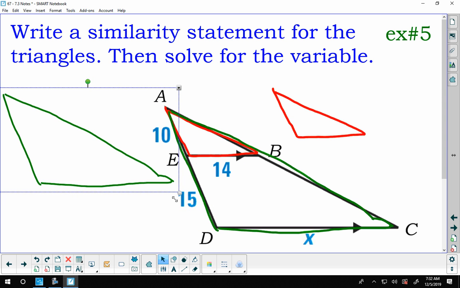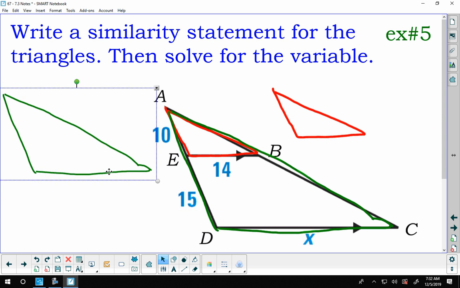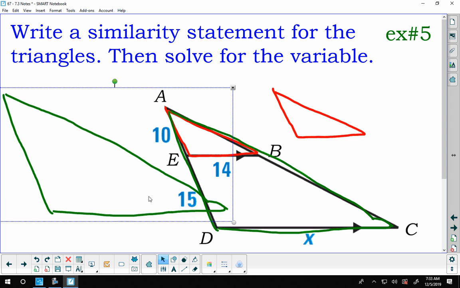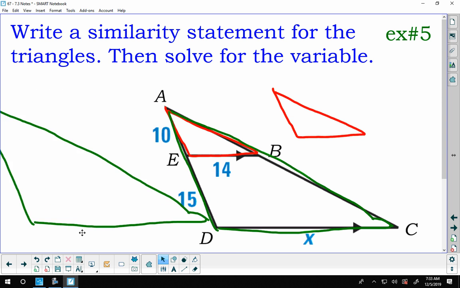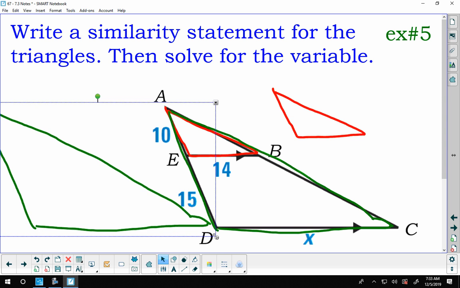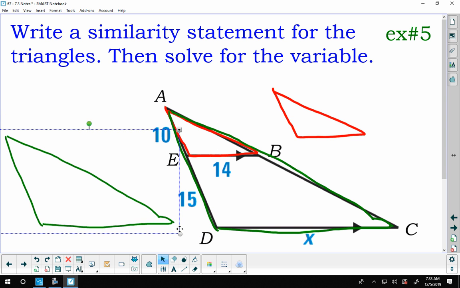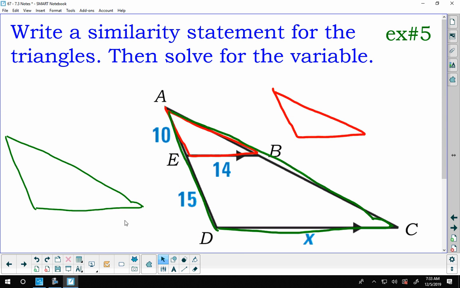Okay, so I'm going to label these. I'm going to just make this a little smaller. So this was AEB. And our big one was ADC.